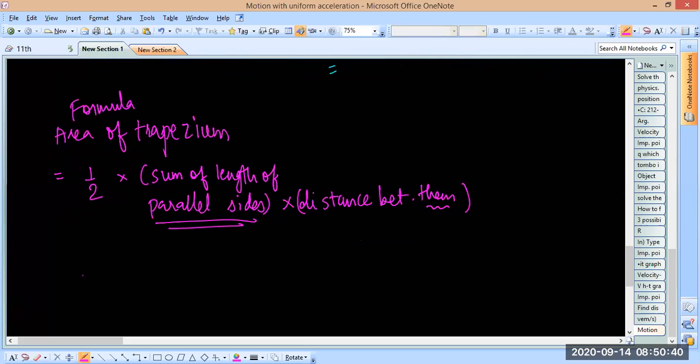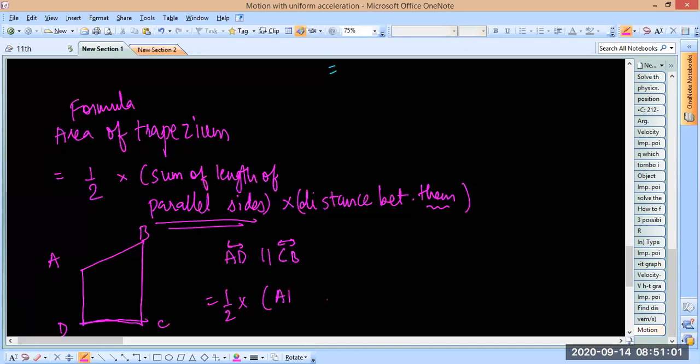If we have a trapezium like this, for example, let's say this is A and B and C and D. Then we have AD parallel to CB. So this formula will become 1 by 2 into AD plus CB, because they are parallel sides, into the distance between them.